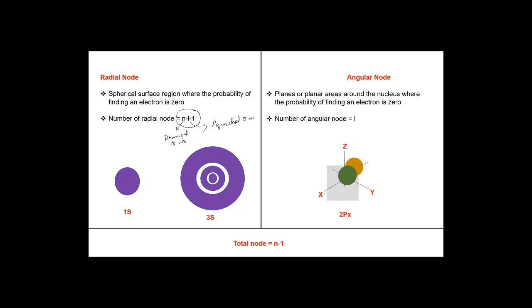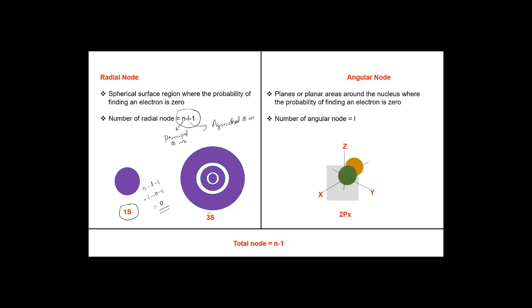If you take the 1s orbital, n minus L minus 1 will be equal to 1 minus 0 minus 1, since for an s orbital the L value is 0. This is equal to 0. Therefore, for the 1s orbital, there will not be any nodes.